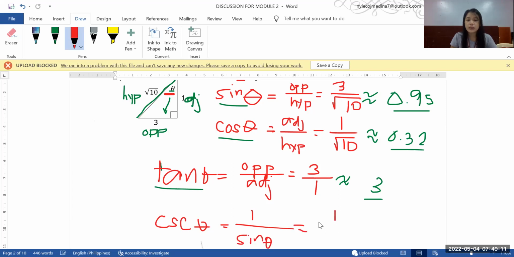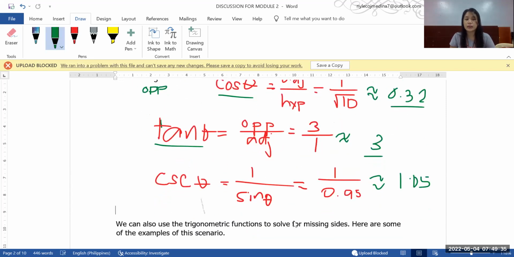Sine theta natin is 0.95. Therefore, ipalit lang yung 0.95 dito. And then, simplifying using again your calculator, you will be able to get 1.05, which is the value of your cosecant.